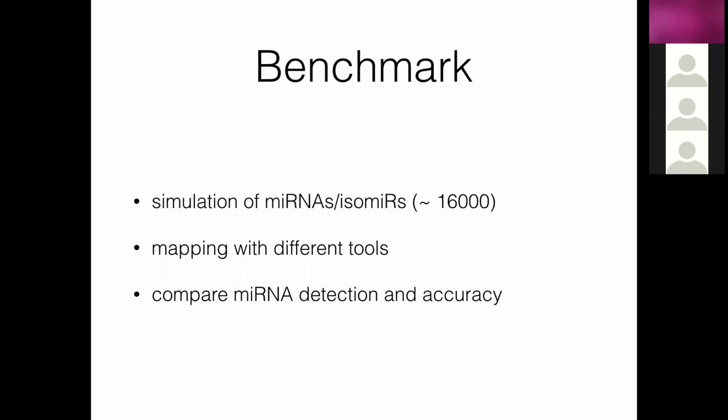And it was not a large set; it's only 16,000. Normally you can find 30-something thousand different sequences that map to microRNA in some way or another. But I think that is enough just to know how the tools are performing. So I used several different tools that I will show later, and then I tried to compare whether the sequences were mapped or not, and whether they were mapped to the correct precursor.